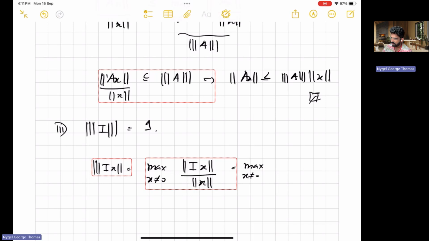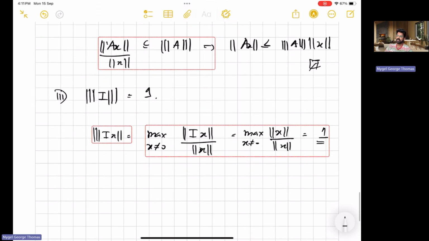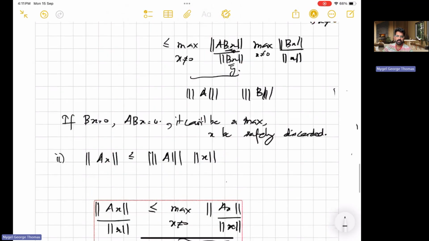Ix is actually x, so norm of X by norm of X. This is max of 1, which is equal to 1. This is also proved. So all these things are proved.